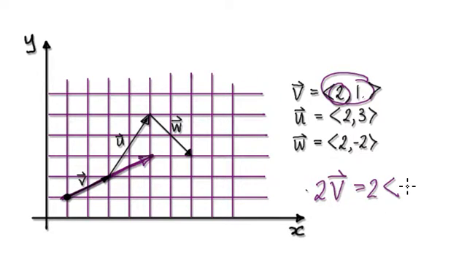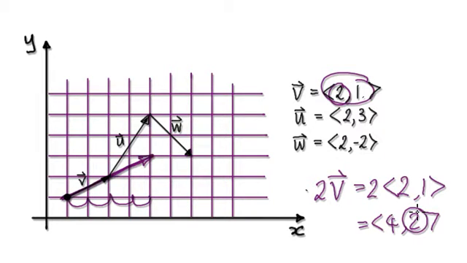Well, v would be 2 across, and then 1 up. So 2v would be 4, and then 2. So look at this: 4 across, 1, 2, 3, 4, and then 2 up, 1, 2. So they have the same effect. You simply do this times this and this times this.